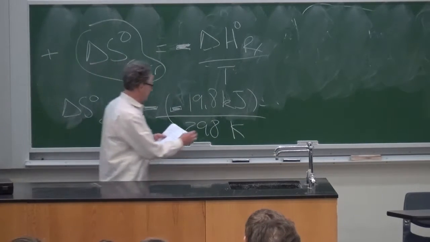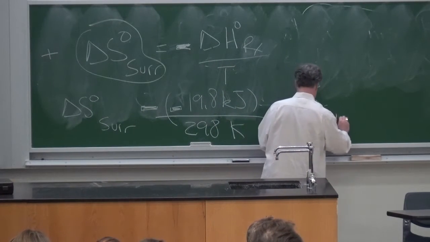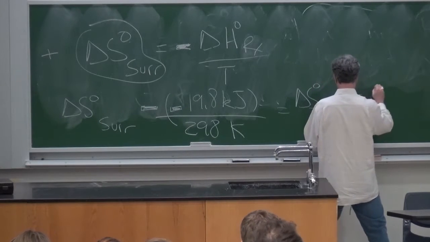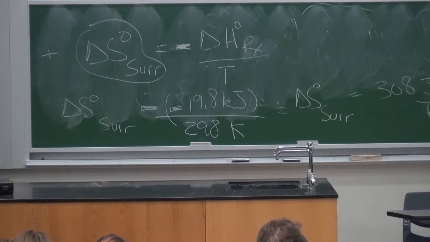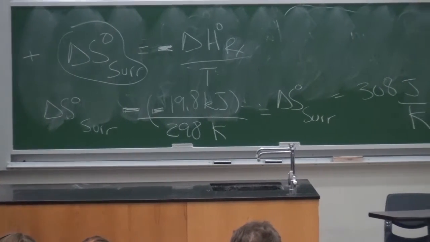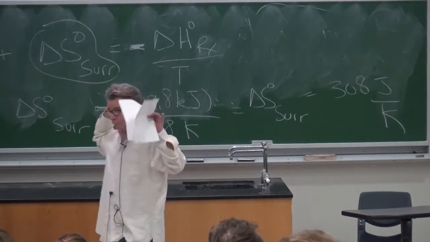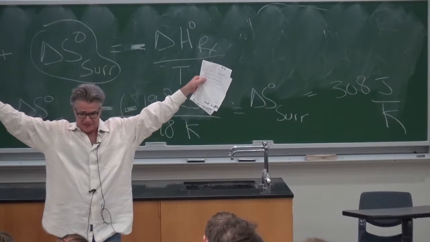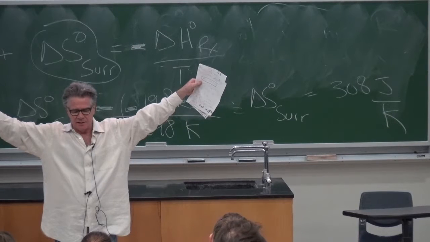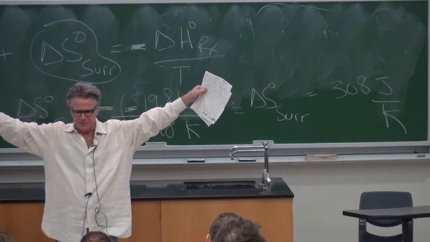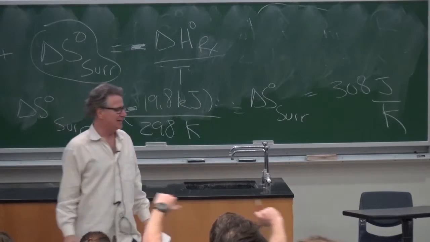And so that makes delta S of the surroundings equal to 308 joule per Kelvin. So really important concepts to latch onto. The heat being radiated out of the flask by the negative delta H gets dissipated out in the universe by the random walk, meaning delta S of the universe has to be positive.